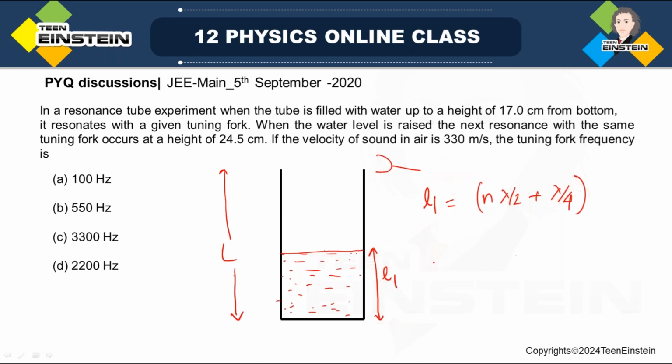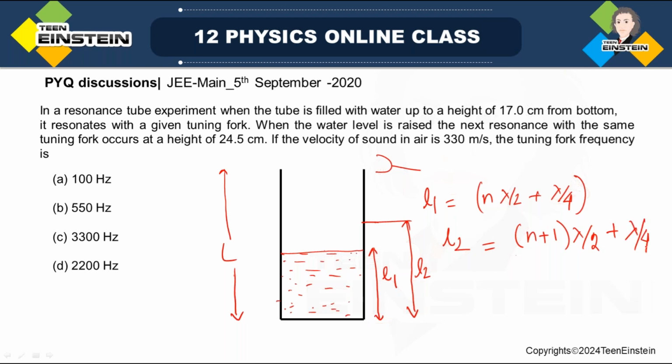Suppose the water level has been raised to L2, when I get another resonance with this tuning fork. Then I can write this L2 as a higher order n, divided by lambda by 2 plus lambda by 4.